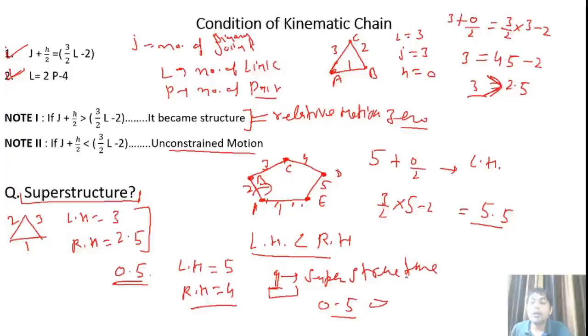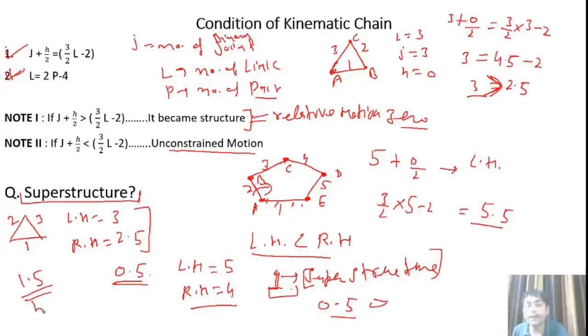So if we can obtain a structure with fewer links, then by providing another extra link we convert the structure into a superstructure. Now for example, let the difference be equal to 1.5.